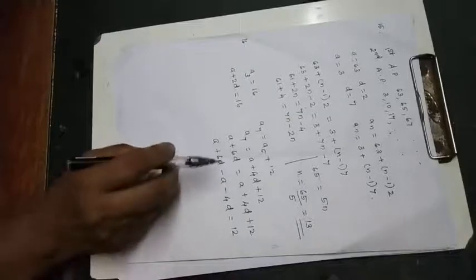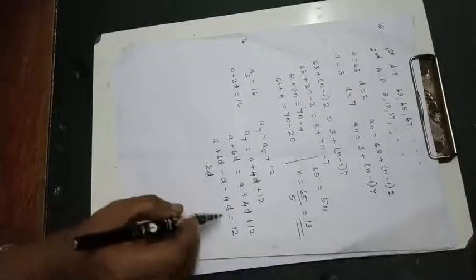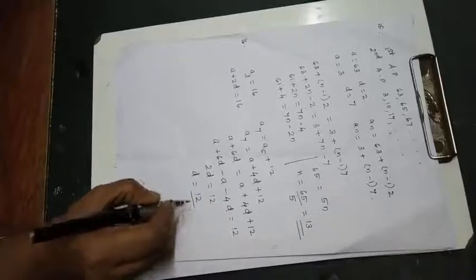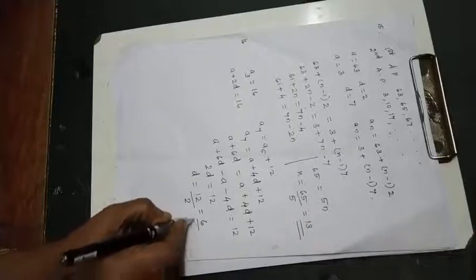A and A you can cancel. 6D minus 4D, 2D will be equal to 12, or D is equal to 12 divided by 2, that is equal to 6.